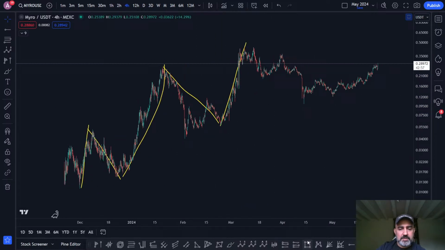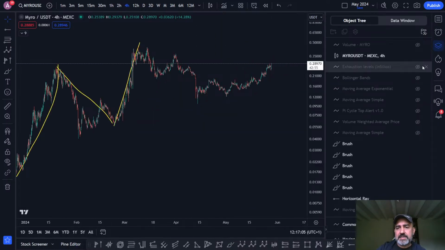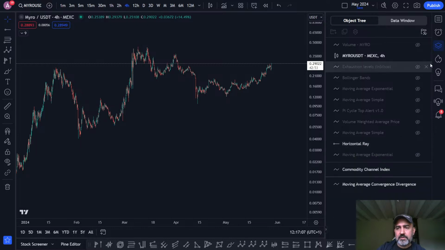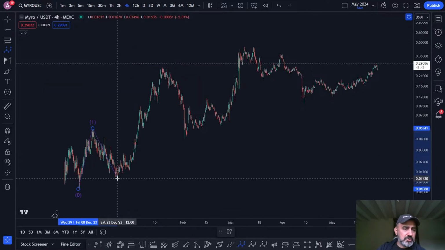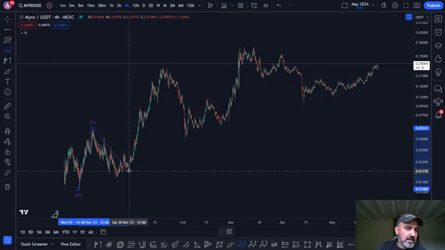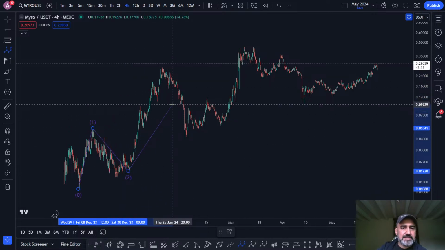Now, let me just mark that out correctly so you can see what I'm talking about. That's your 1. This is your 2, somewhere here. I don't know where the start is. I'm taking it to the low, but it doesn't have to be the low. Usually the correction ends when the impulse begins. So while you might put it down here, it might be here. That's why you have to count the waves. Okay, so let's say it's there.